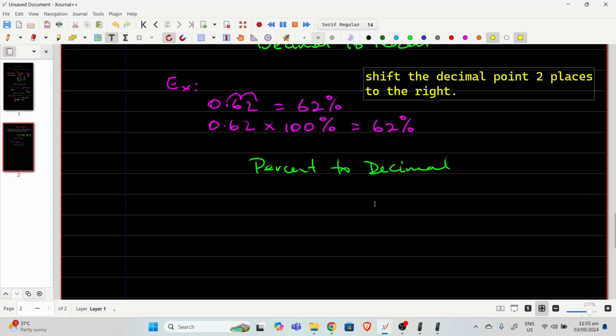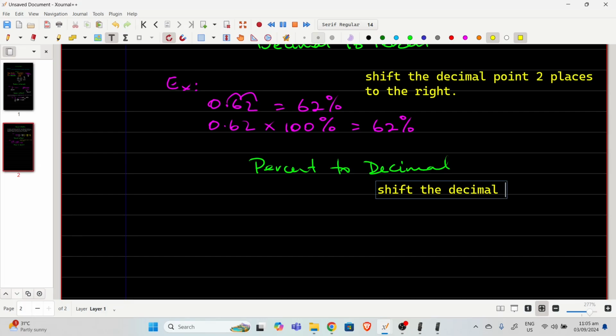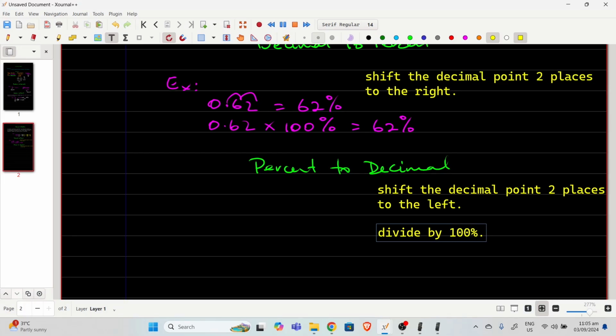So that means if I want to go the other way, I will shift the decimal point 2 places to the left. And another thing I can say is that I can divide by 100% instead of the other option, which is multiply by 100%.